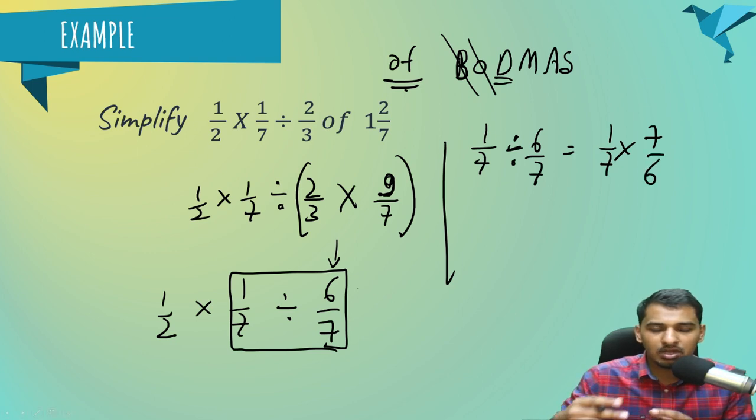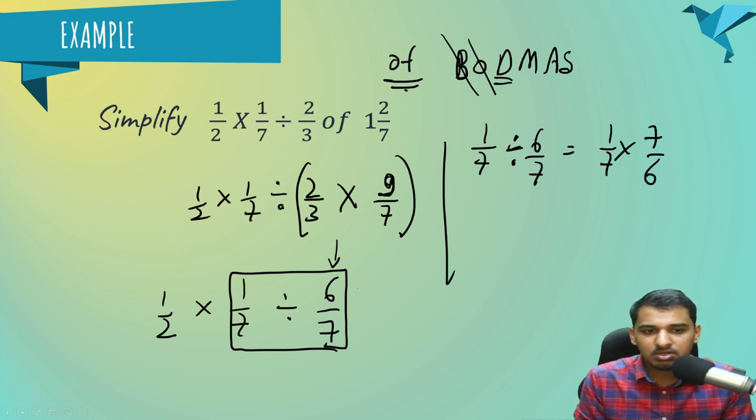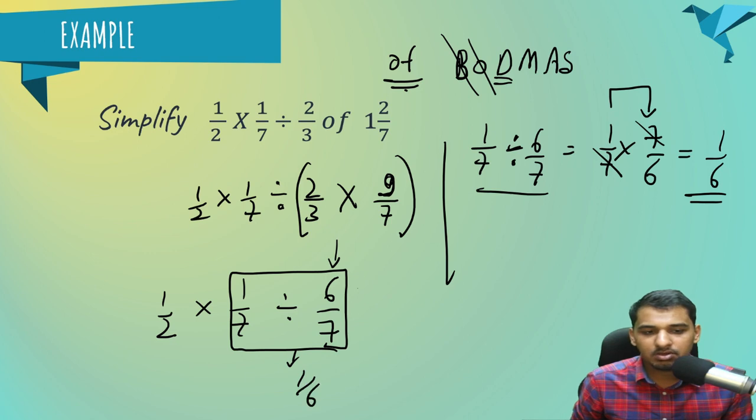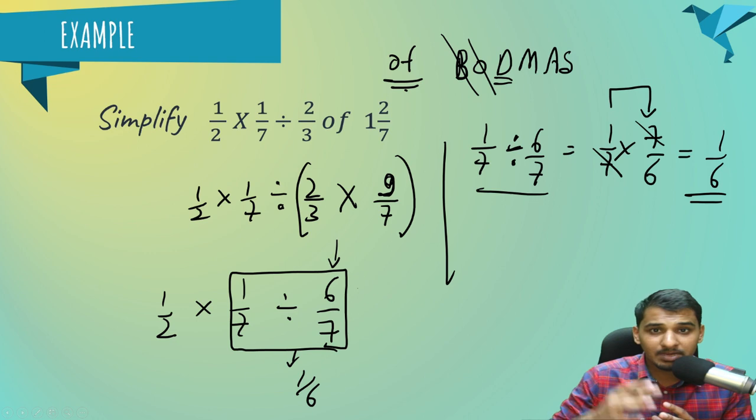We have learned this in school that when we divide two fractions, we inverse one of them and multiply them together. So 1 by 7 divided by 6 by 7 would be 1 by 7 into 7 by 6. When you write this, this will get cancelled and this will be 1 by 6. So this gets you 1 by 6.